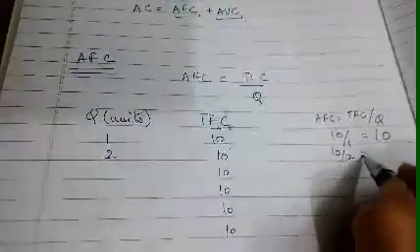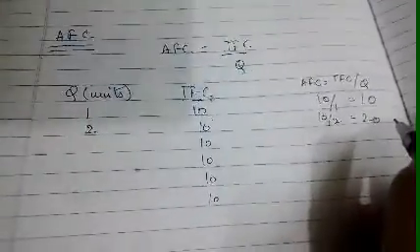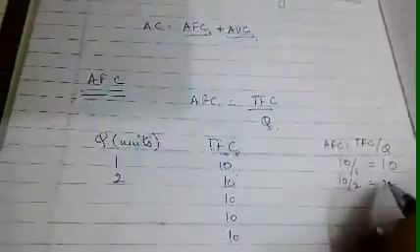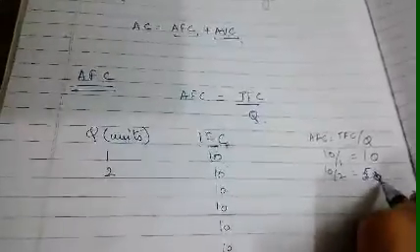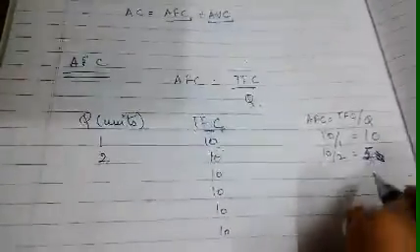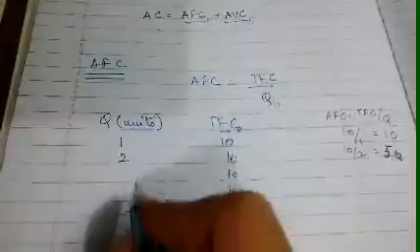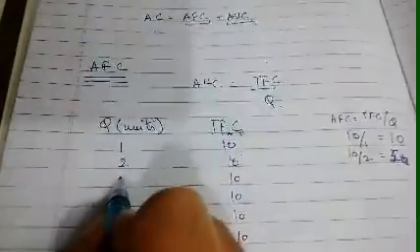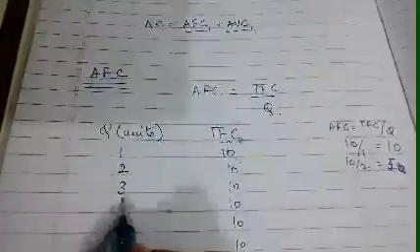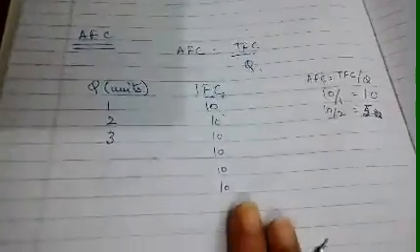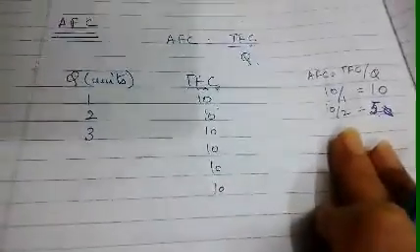So 10 by 2 comes out to be 5. Similarly, whatever the units we produce, suppose 3, then 10 divided by 3, and similarly we will calculate average fixed cost.